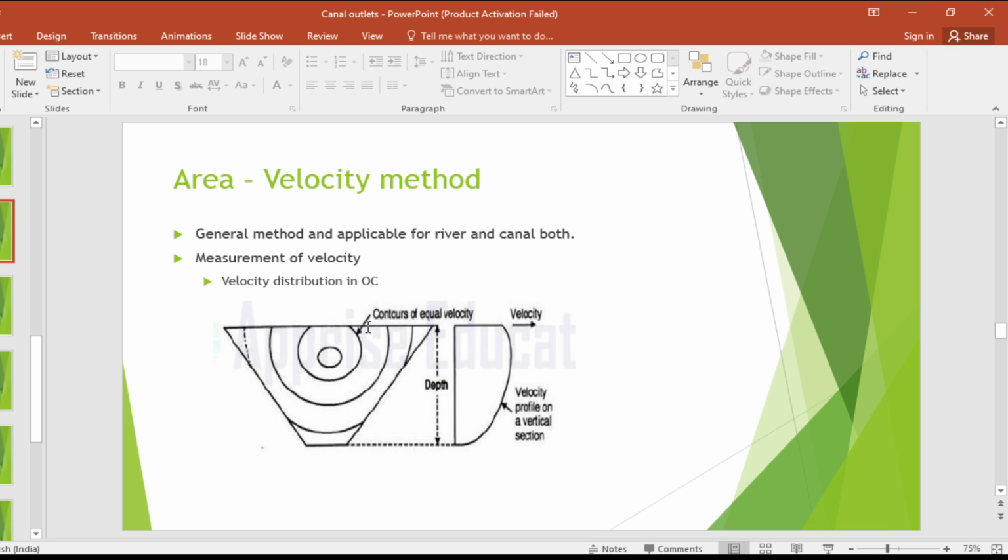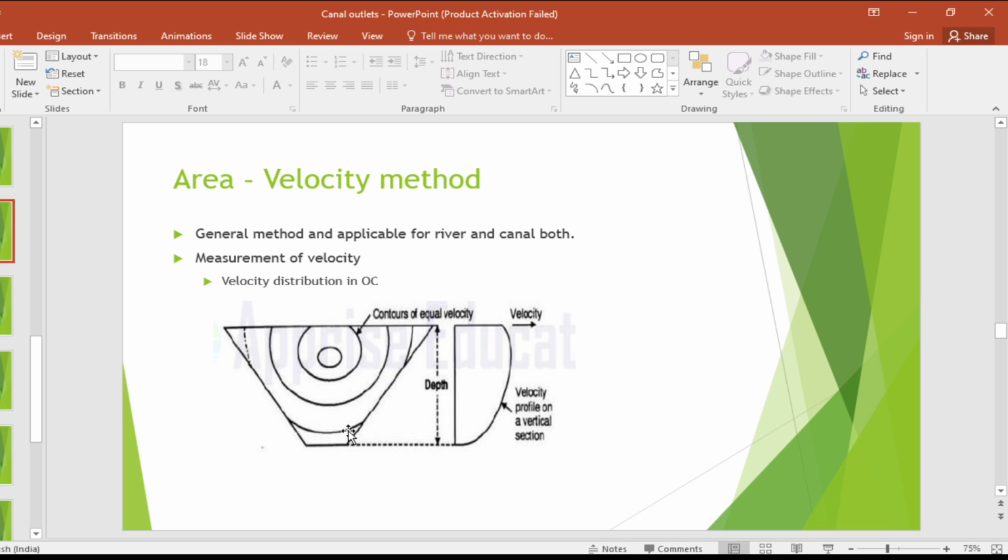Firstly, we have to calculate the area and then the mean velocity of the particular channel. Once we get the area and the velocity, by multiplying both we can obtain the discharge through that channel section.